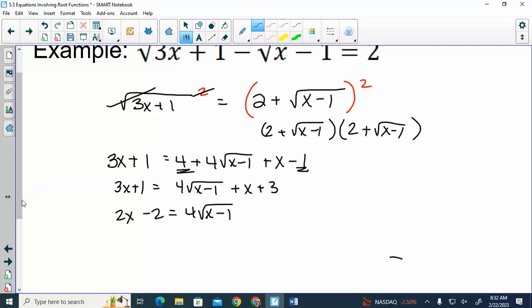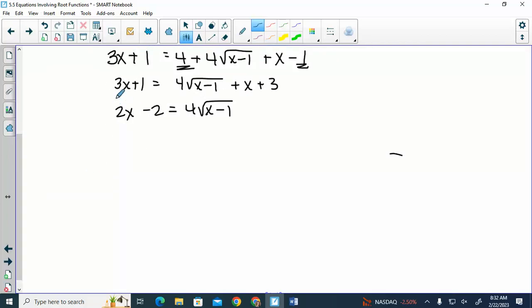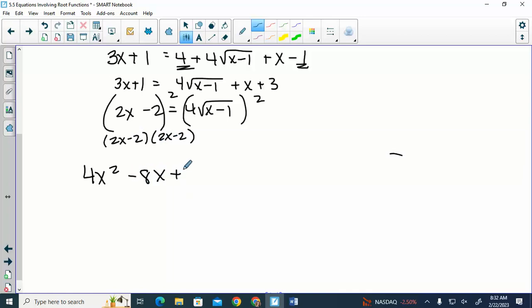Now what do we do? Square it again. Alright, so on the left, you have to FOIL because it's 2 terms. So we get 4x squared minus 4x and minus 4x is minus 8x plus 4.